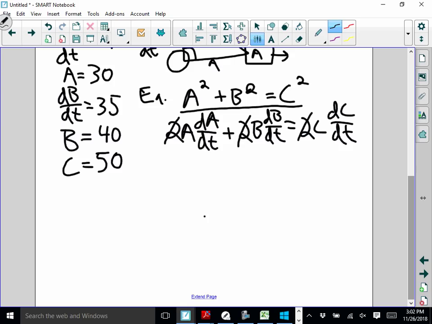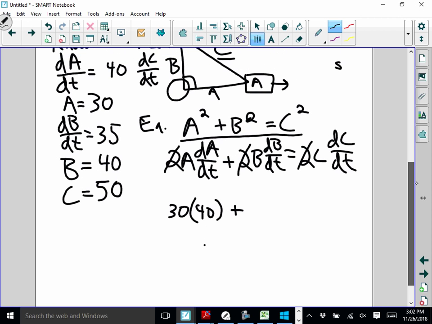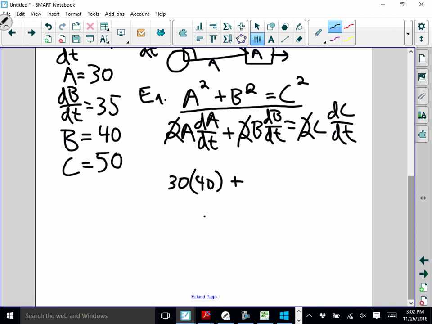So A is 30, dA/dt is 40, plus B is 40, dB/dt is 35. And that's going to equal C, which is 50, times dC/dt, which is what I'm trying to figure out.